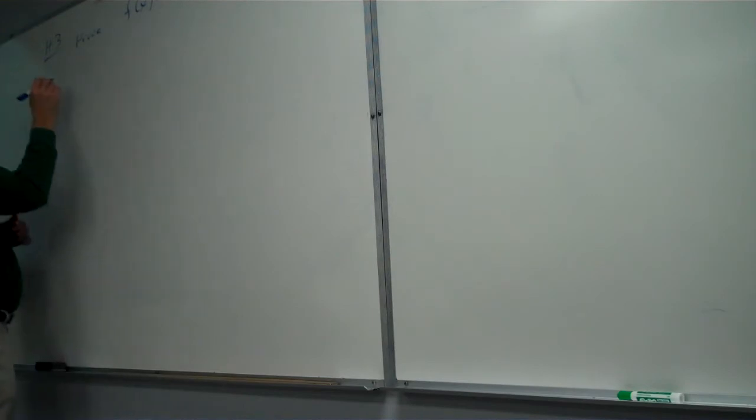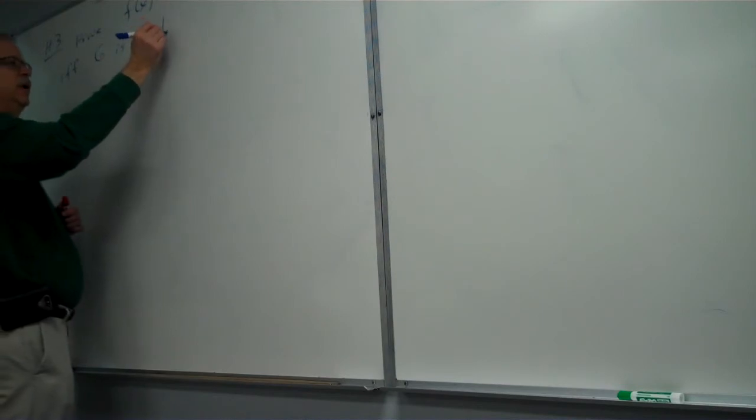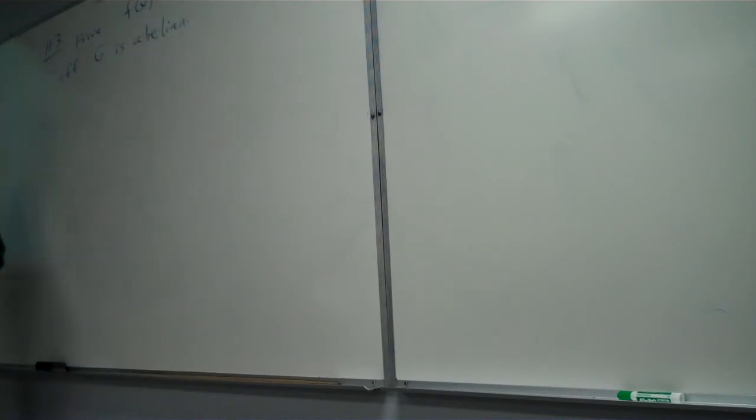So we're proving this is an isomorphism if and only if G is abelian. Well, let's look at f a little bit. So f of x is x inverse.